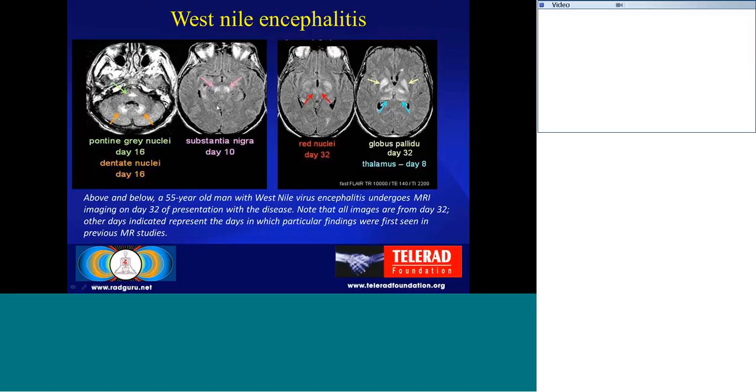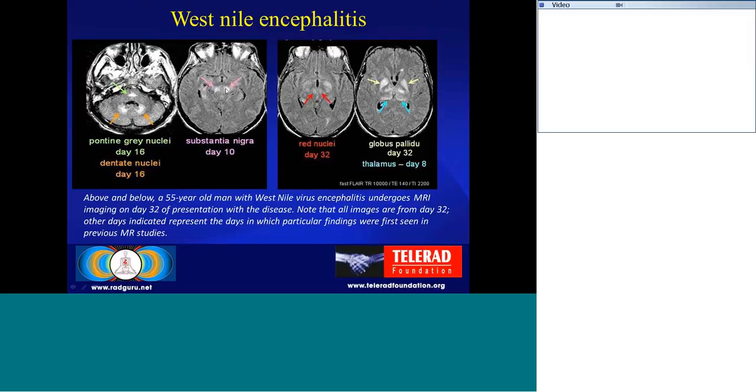So sometimes only by CSF analysis we can differentiate the type of virus. Both are Flavivirus and both have a predisposition for involving the brain on MRI in the typical distribution. We can't differentiate by imaging which type of virus, but we can indicate that this is a Flavi group of virus, and the commonest is Japanese encephalitis.